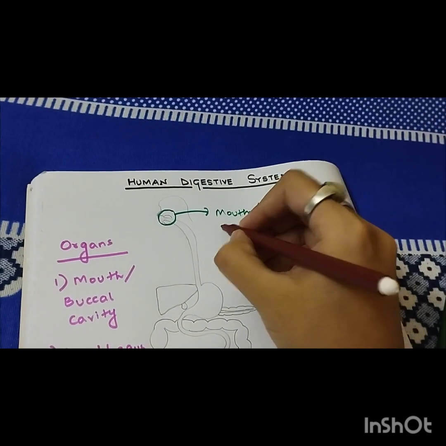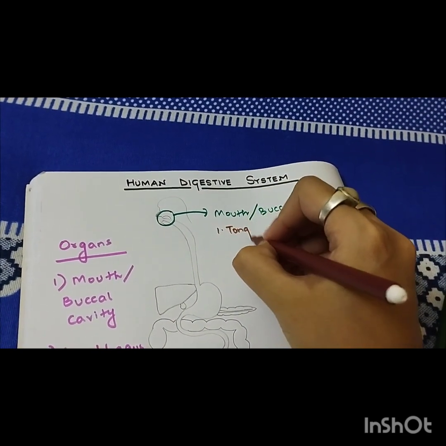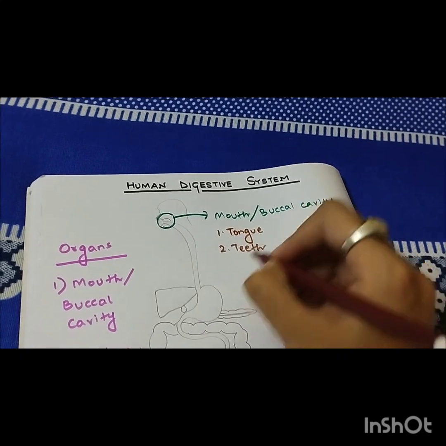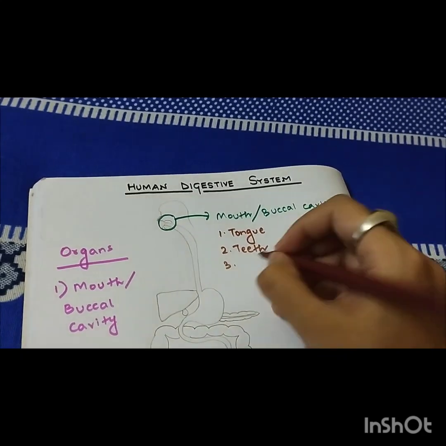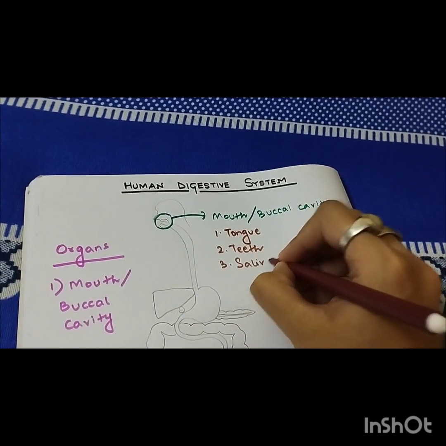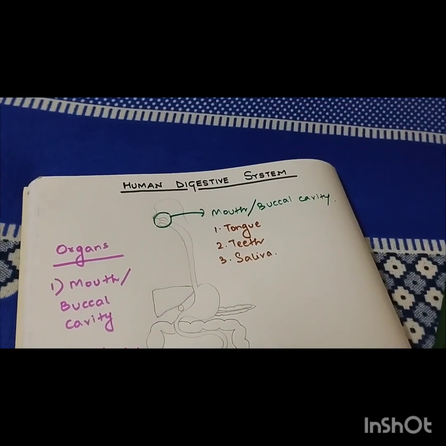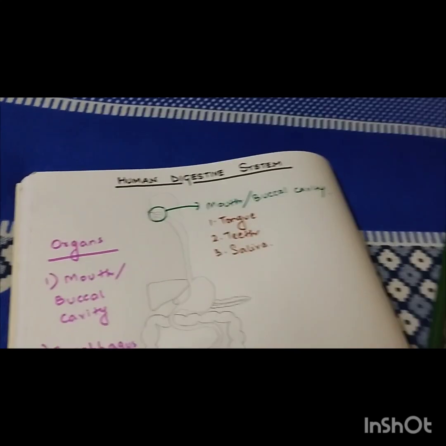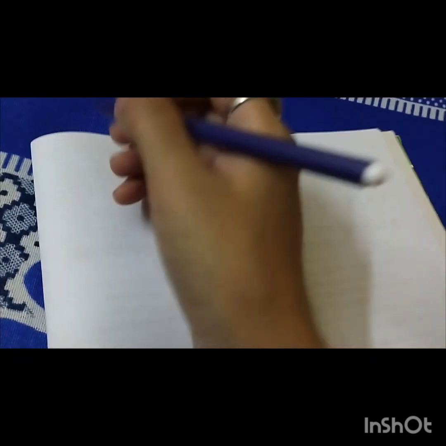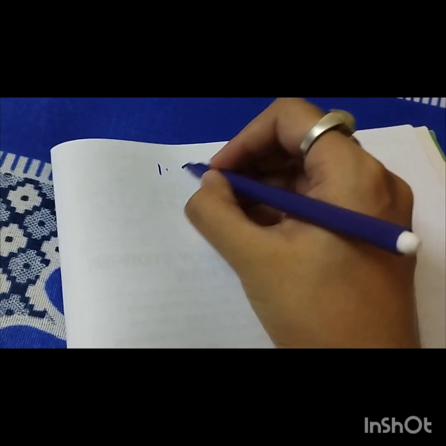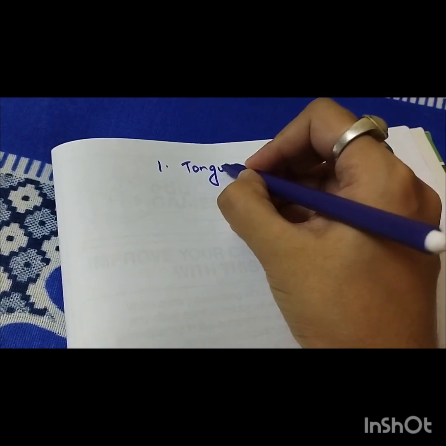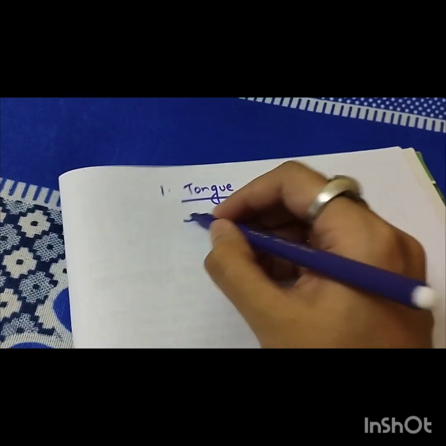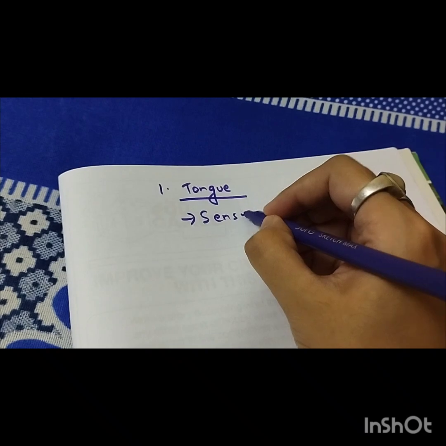Those are tongue, teeth and saliva. We'll study each function of tongue, teeth and saliva one by one. First we'll see about the tongue. Tongue is a sense organ. We all know that tongue is a sense organ.